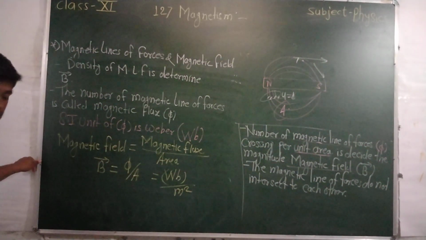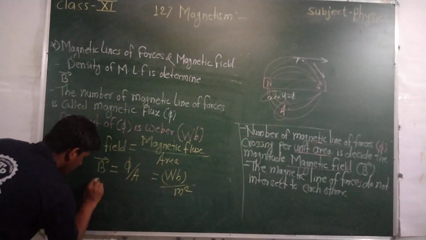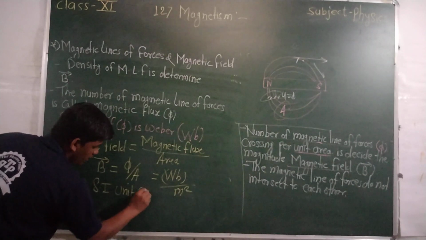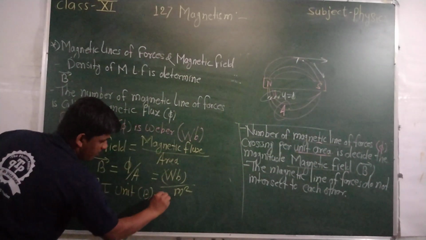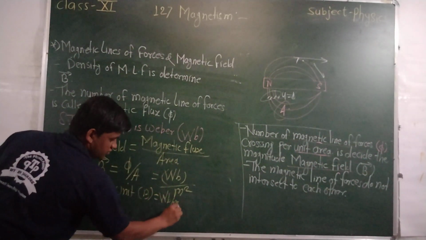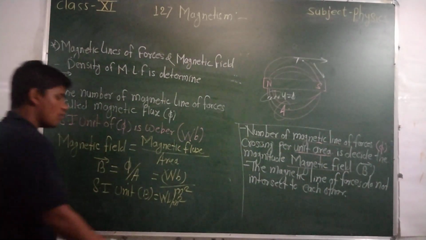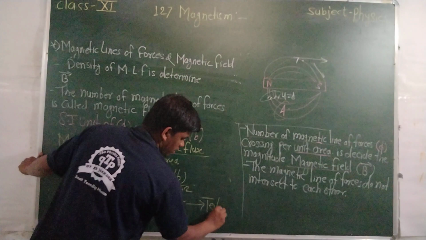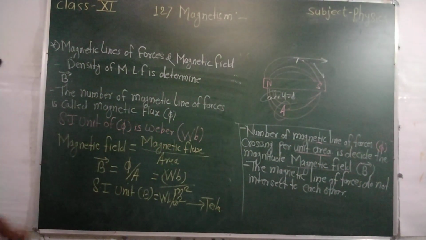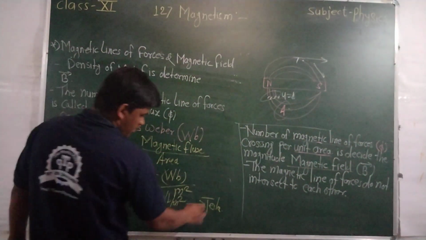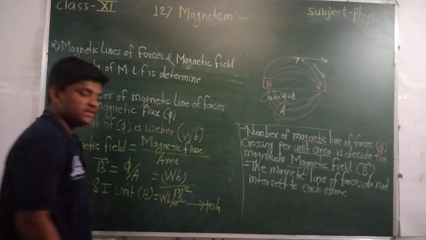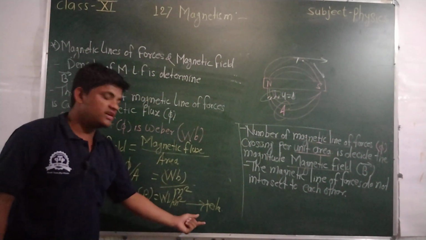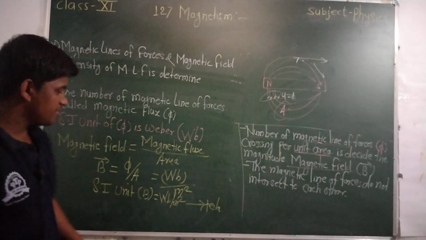So the SI unit of B is Weber per meter square, and this is also called Tesla. It is denoted by the capital letter T. It is named after one of the famous scientists, Nikola Tesla.